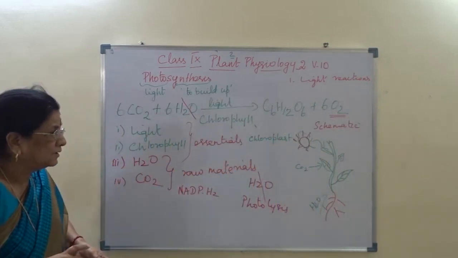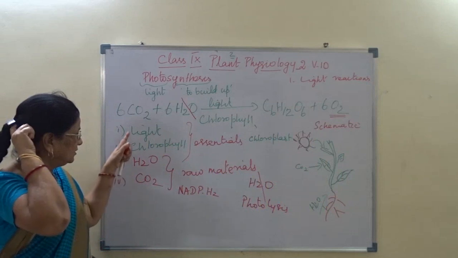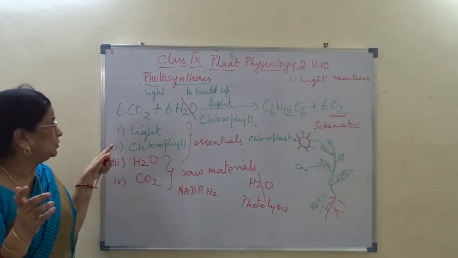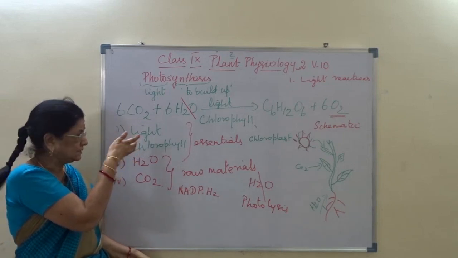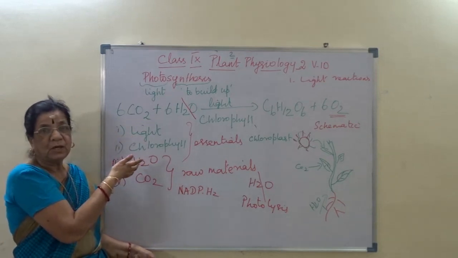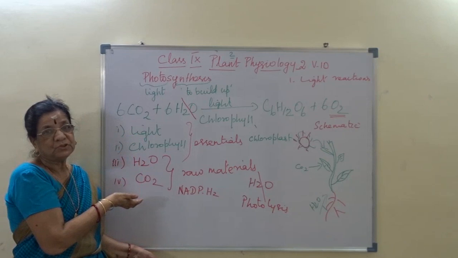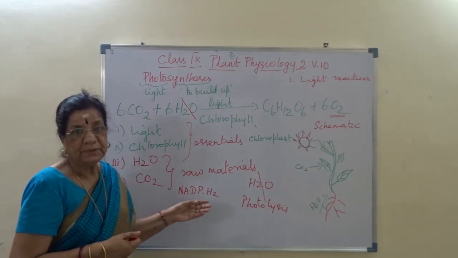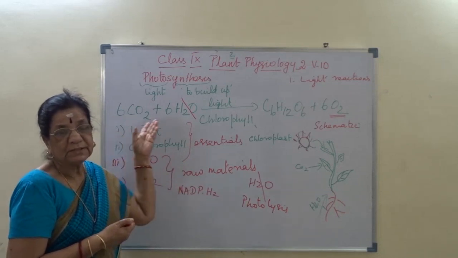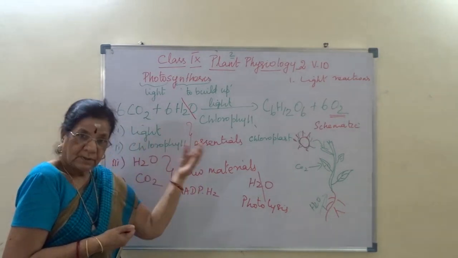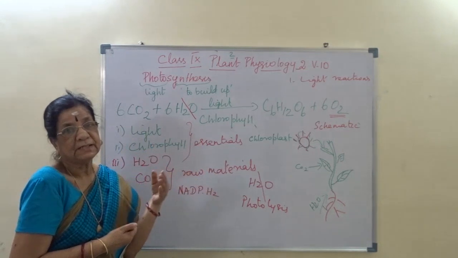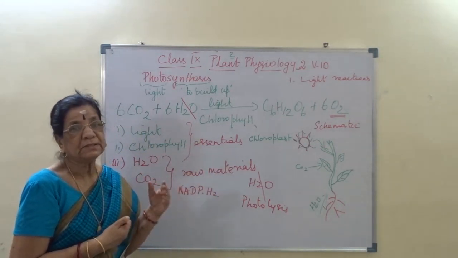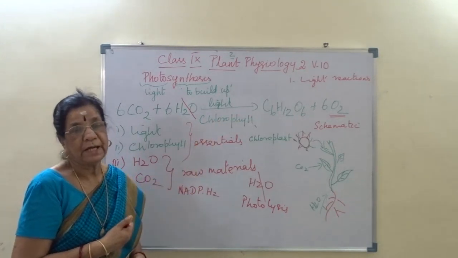Then further, of the things needed for photosynthesis, we have taken light, chlorophyll and water. Where did carbon dioxide go? After the formation of NADPH2, the carbon dioxide is taken by the plant, and through a further series of reactions it is reduced to carbohydrate.